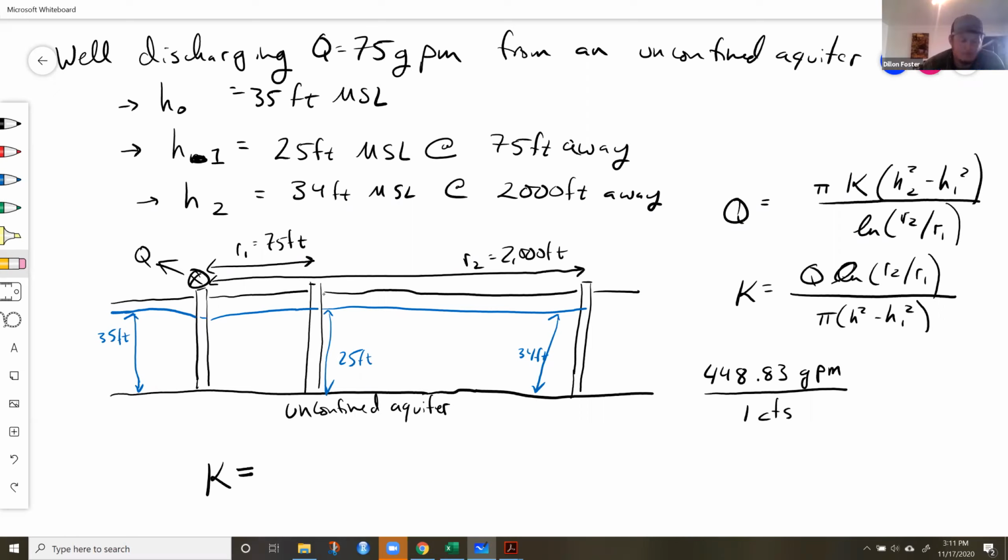Okay. I got 3.3 times 10 to the negative fourth. But that was feet per second. Was that what units you guys are doing? Yeah, I got 3.28 times 10 to the negative fourth cubic feet per second. Okay.